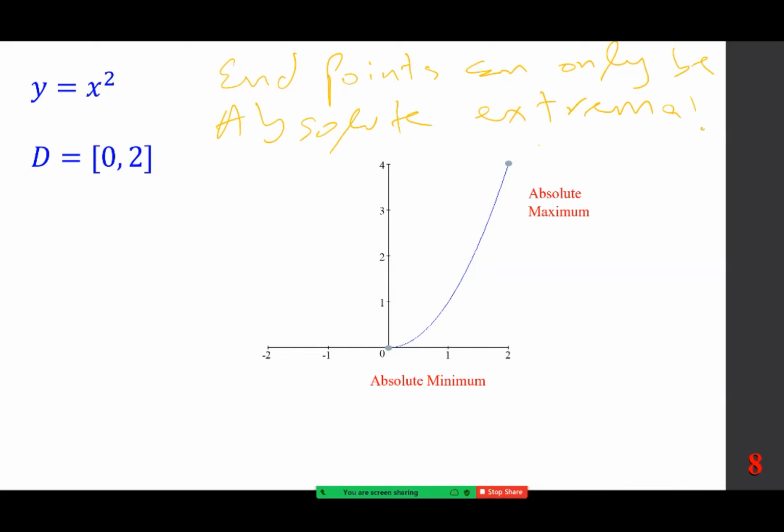For example, if we look at this point, it has coordinates (2, 4). So y is 4 at this point. Sometimes they say it's equal to 4 at x equals 2. And you want to always pay attention to the digital homework that you do and the way they want you to answer.